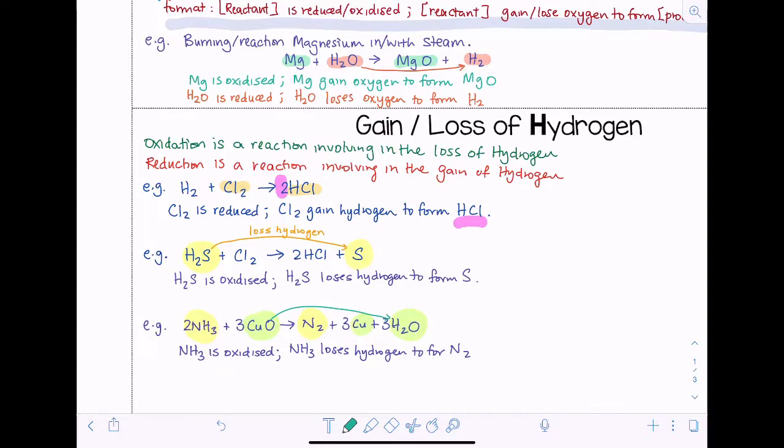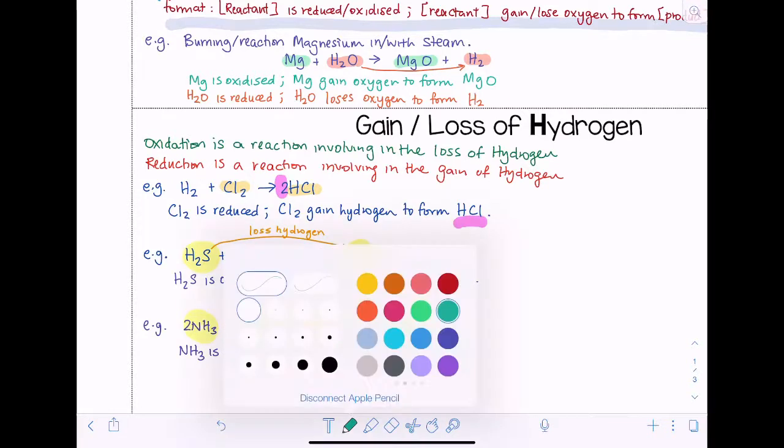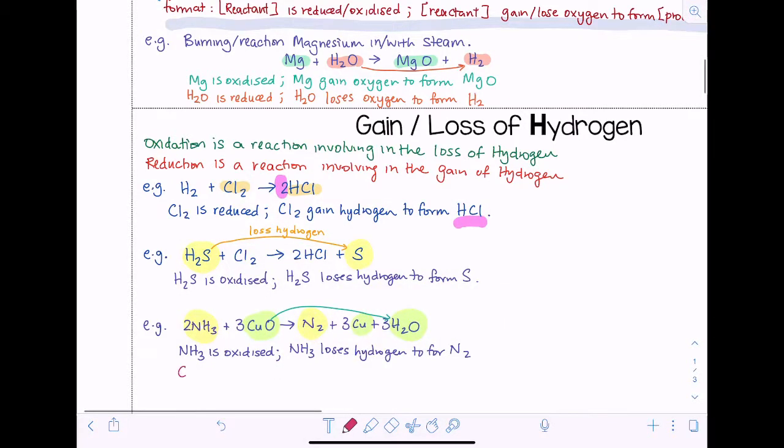That simply implies that you can see quite clearly that CuO is actually reduced.